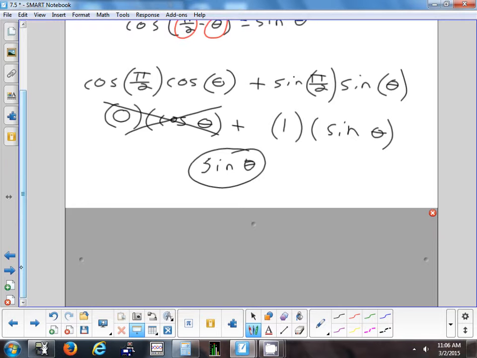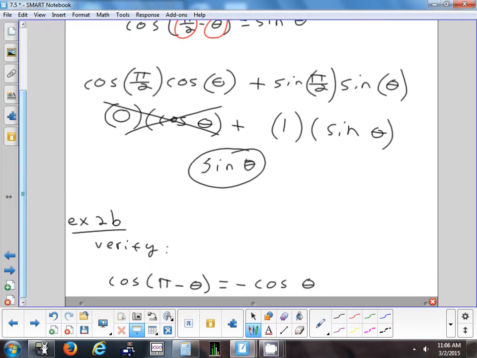Okay, if I gave you this one, anybody have a question, or does anybody want me to go through that one? Everyone feel like they could do something like that on a test? Basically, that's your first angle, that's your second angle. So it's cosine pi, cosine theta, sine pi, sine theta. And you do it out, and you might get a 0, something cancels.